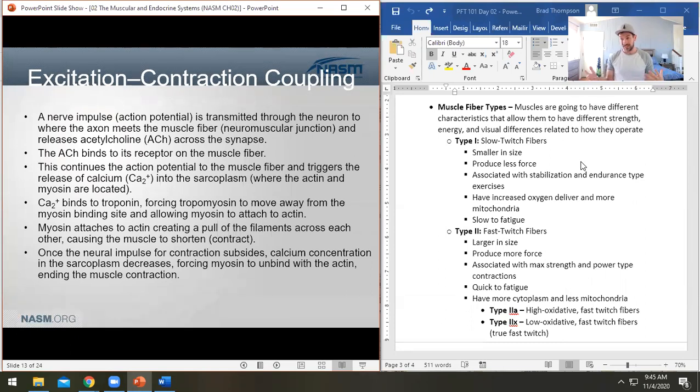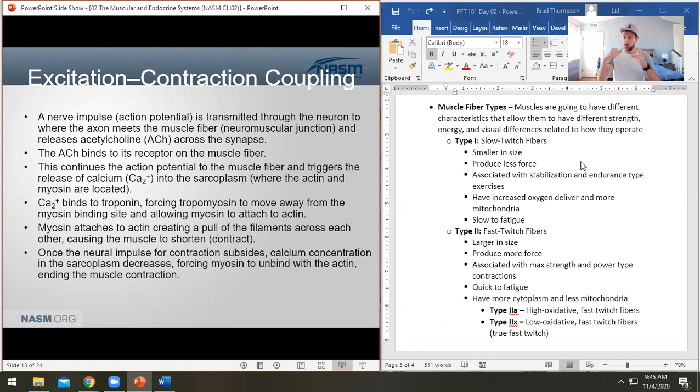So what's going to happen is a nerve impulse, remember we call that an action potential, is going to be transmitted from neuron to neuron to neuron until eventually it synapses with a muscle fiber, right? And that's what we call the neuromuscular junction.